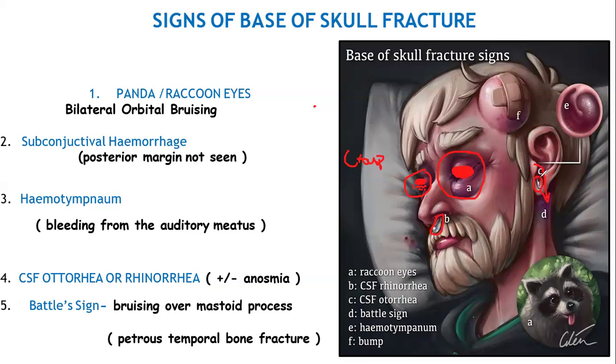So CSF rhinorrhea is another sign, CSF otorrhea is another sign. Then comes Battle sign over the mastoid process. You have bruising and bumps over here. These are signs of base of skull fracture. If you suspect them, you have to advise the CT then and there.